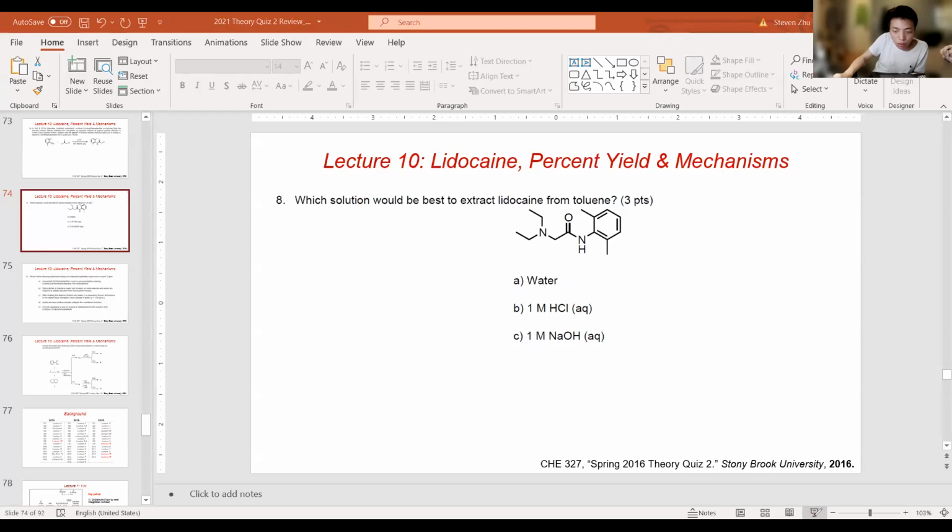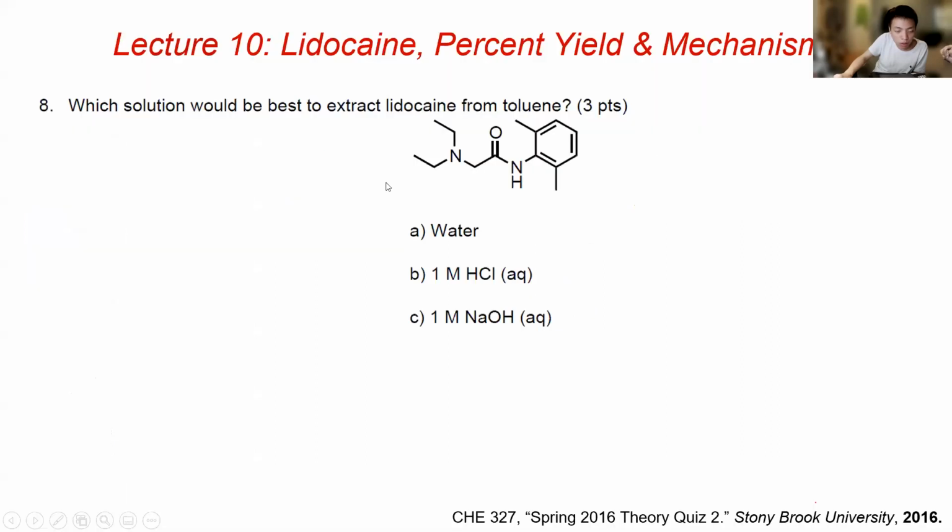And so that's why the answer choice for this one should be toluene. Oh, sorry. This one is actually HCl because this one is basic, and we want to perform acid-base extraction.